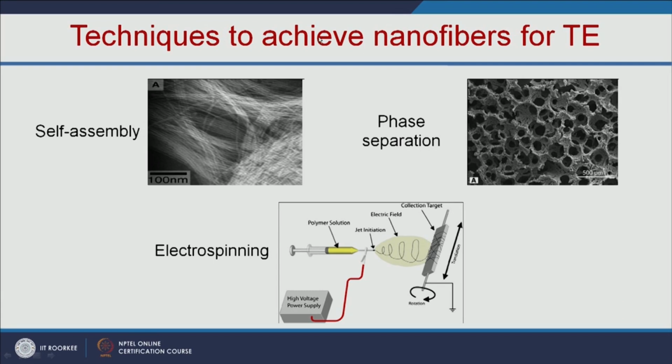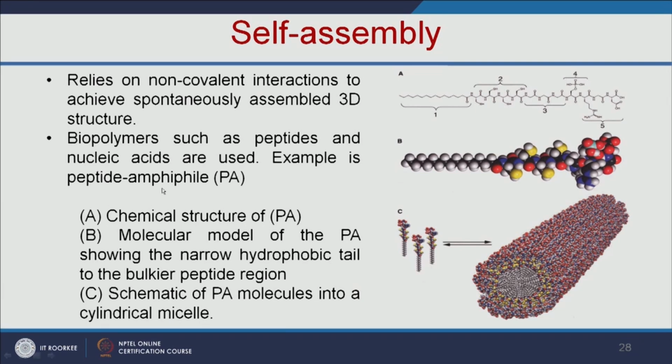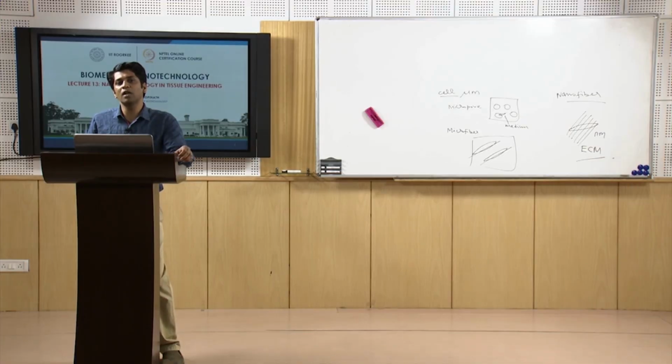So what are the techniques available to achieve nanofibers for tissue engineering? First one is self assembly, second one is phase separation, third one is electrospinning. We will see them one by one. Self assembly, which I already explained in one of the lectures on protein nanotechnology, uses peptides with a hydrophilic head and hydrophobic tail, so it can self assemble and form a three-dimensional scaffold.